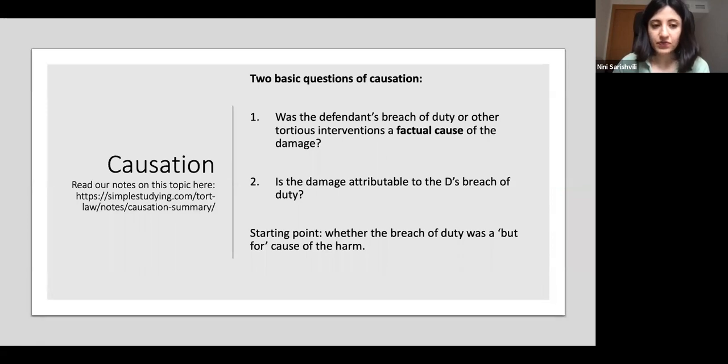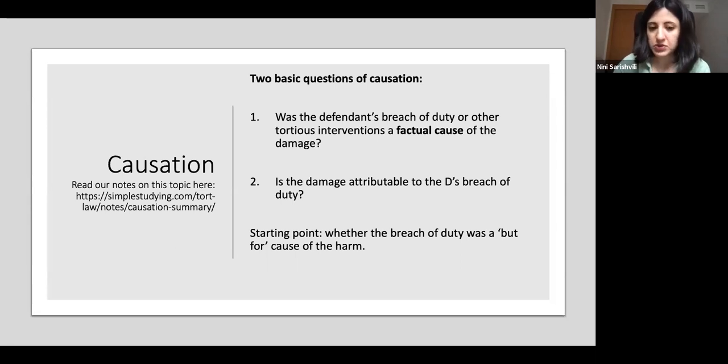Causation. There are 2 basic questions for causation, and both of these questions have to be answered affirmatively in order for causation to exist. Firstly, was the defendant's breach of duty or other tortious intervention a factual cause of the damage? And is the damage attributable to the defendant's breach of duty?